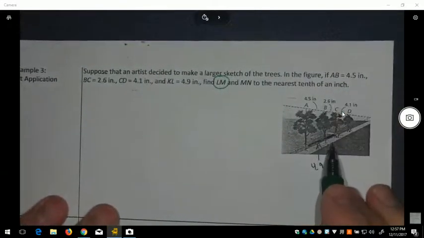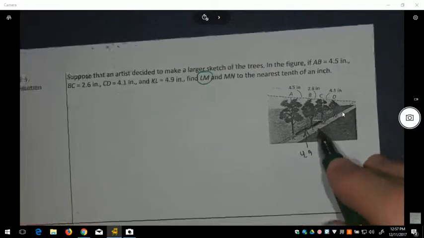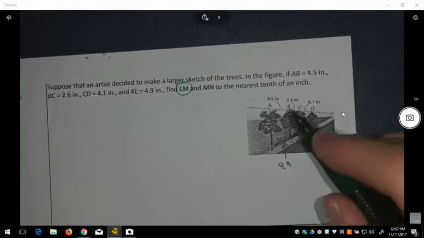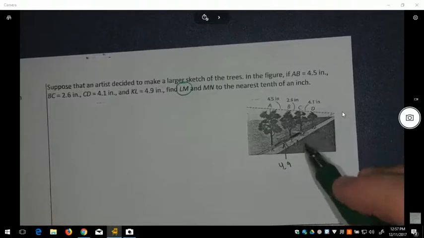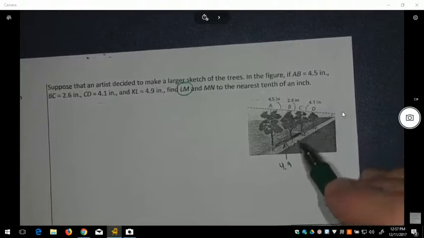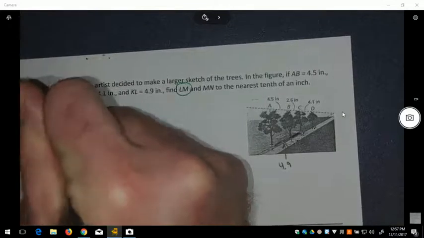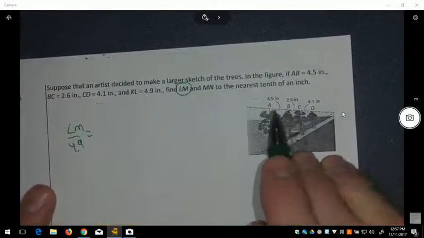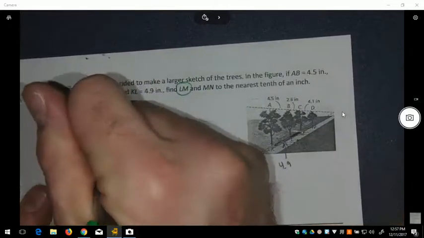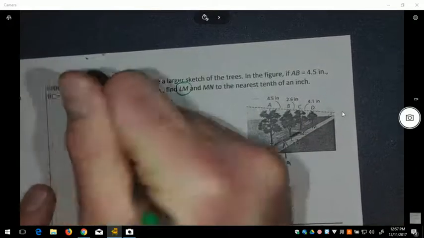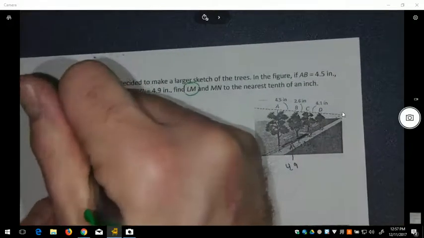I want to find LM. LM matches up in the picture to BC, okay? But if I'm looking at piece over piece, I'd have LM over 4.9 equals BC over AB, so 2.6 over 4.5. And I can call LM x if I want.